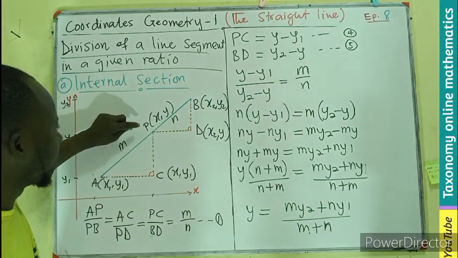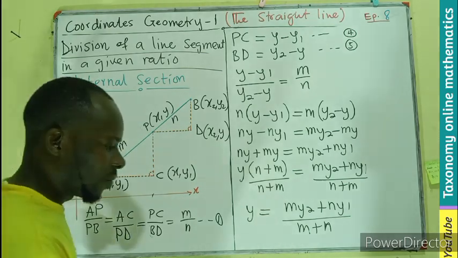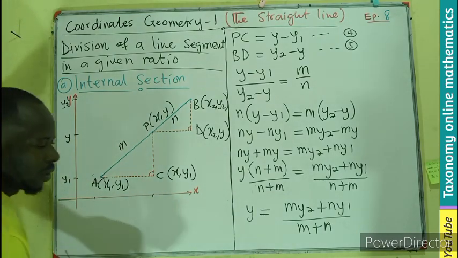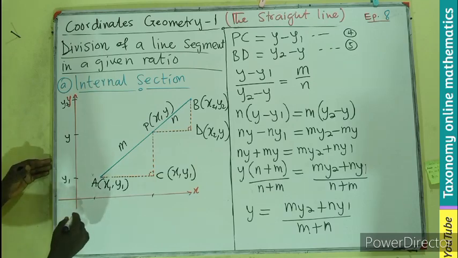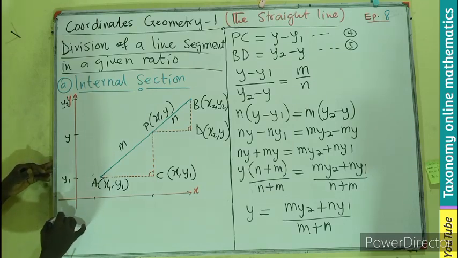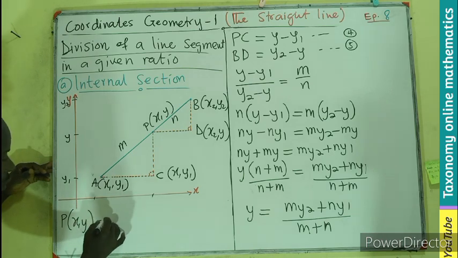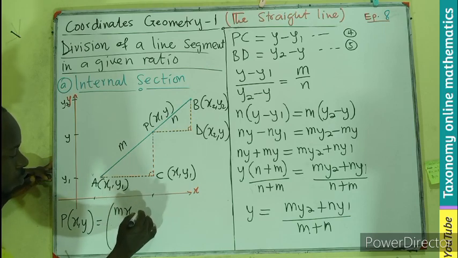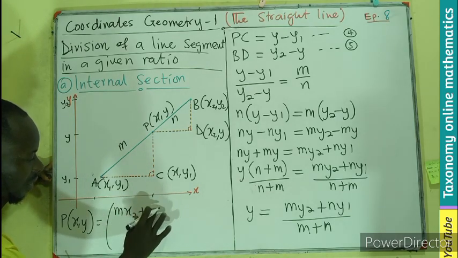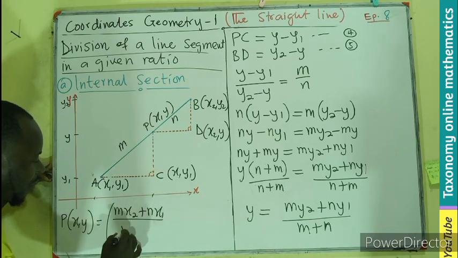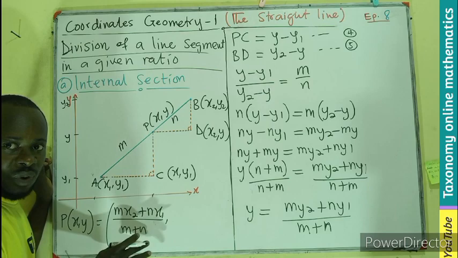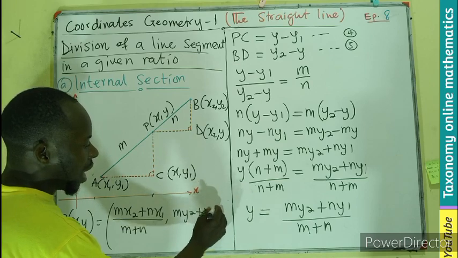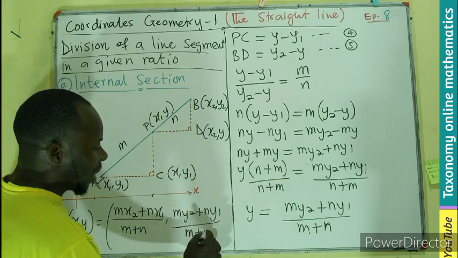The coordinate of this point will be nothing but to say that the coordinate of P, x and y, will be the first point we had, mx2 plus nx1 divided by m plus n, comma. So this is for the x value. Then the y value will be my2 plus ny1 over m plus n.